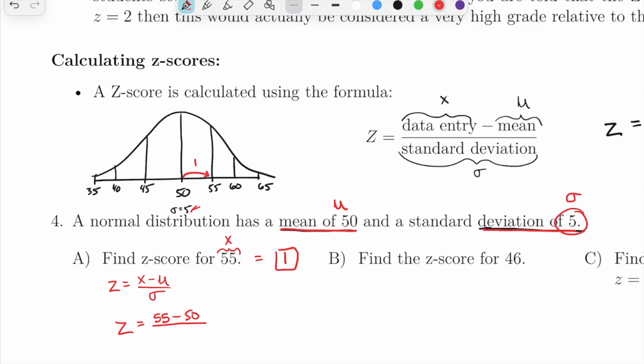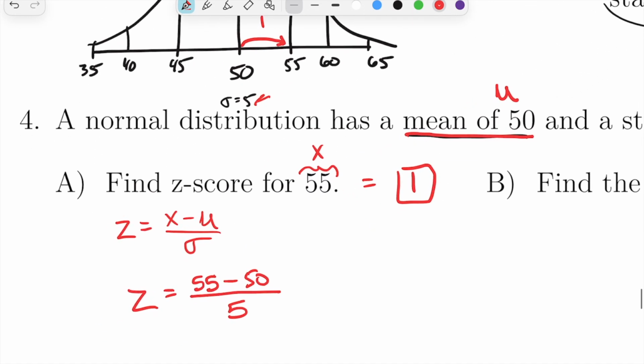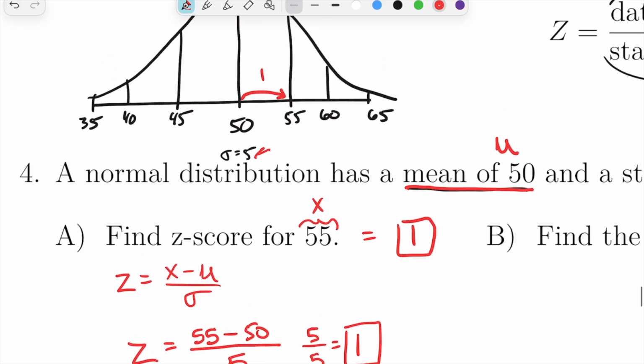So that's our sigma. So this will just be 55 minus 50 is 5, divided by 5 is 1. Yeah, we do still get that same value of 1. So we can get it by looking at the picture and telling that it's just one whole standard deviation to the right. Or we can use our formula of the data value minus the mean divided by the size of a standard deviation. And that will get us there.